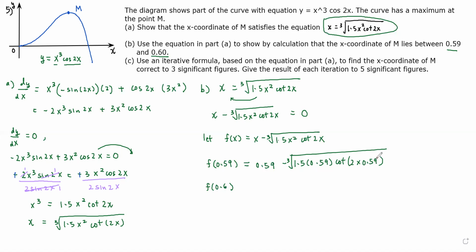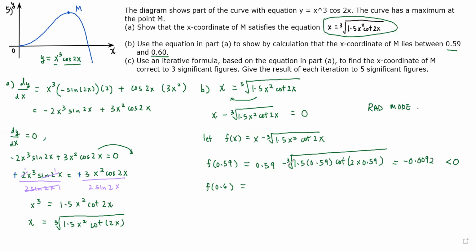Remember, this 0.59 is a number, not an angle in degrees. So you have to use the radian mode in your calculator. Otherwise, you're going to get a wrong answer. So when you evaluate this with your calculator, you get a value of negative 0.0092, which is negative.